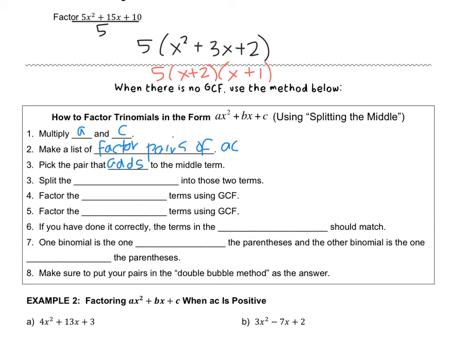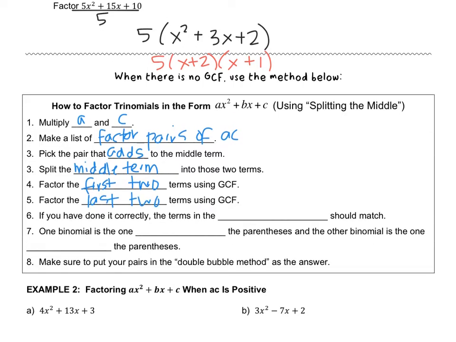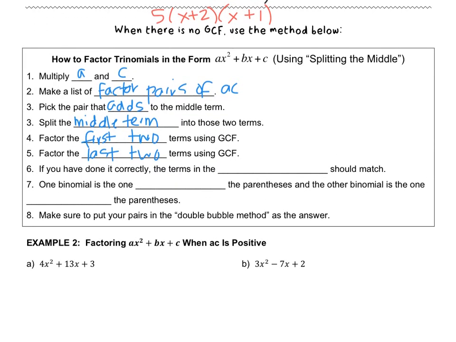Then here's where the new part comes in. You're going to split the middle term into those two terms. Then you're going to factor the first half using the GCF. So you factor the first two terms, then you're going to factor the last two terms using the GCF as well. Now, if you've done it correctly, the terms in the parentheses should match.